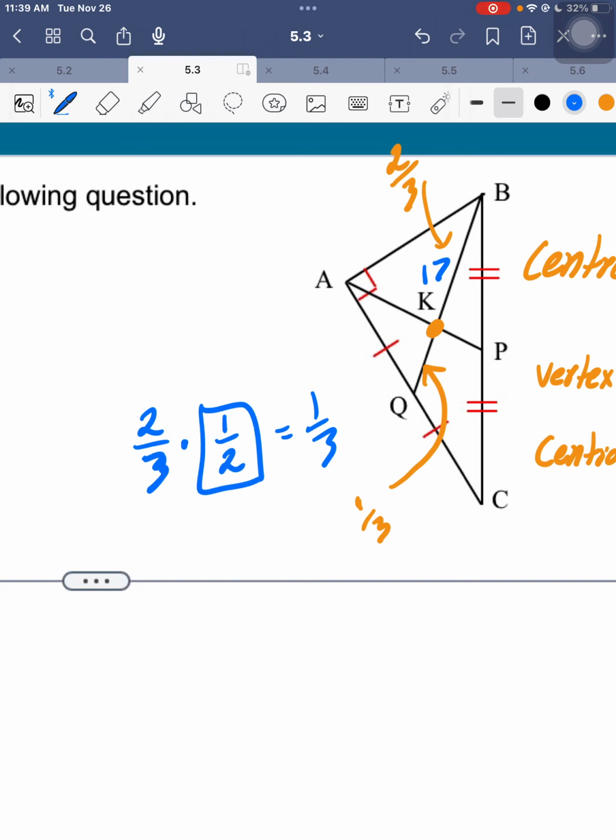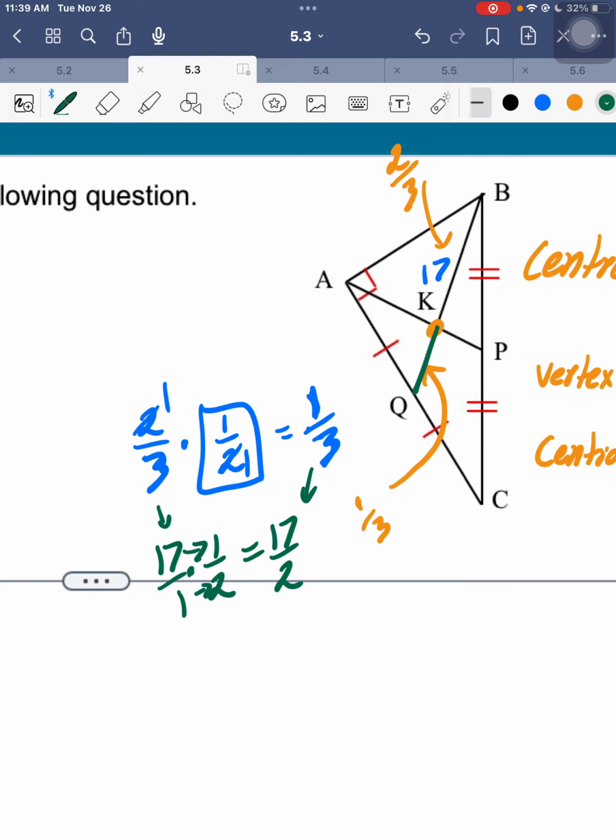I could have done either one, but I don't want to divide fractions. I'm going to multiply by its reciprocal. So instead of dividing by 2, I'm choosing to multiply by 1/2. So this is going to cancel out with this. What's 1 times 1? 1. What's 3 times 1? 3. So if I multiply this 2/3 portion, which is 17, by 1/2, I would get my 1/3 portion, my KQ, which is 17 divided by 2.